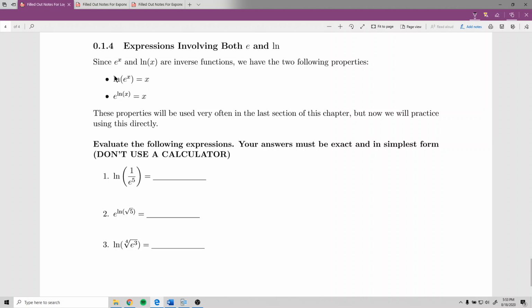And when we talked about inverse functions, we mentioned that when you do the composition of one with the other, you always get out x. So this is like replacing x with e to the x. This is like replacing x with ln of x. But these are just some rules to remember. It helps you simplify things. And it's good to practice them without using a calculator.